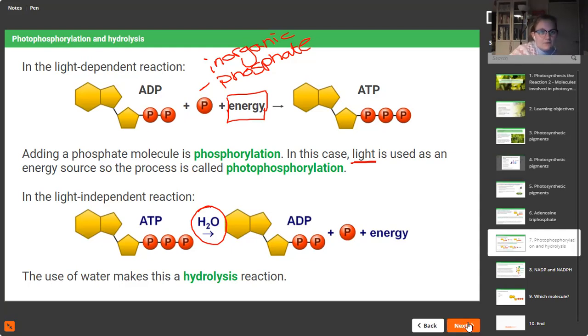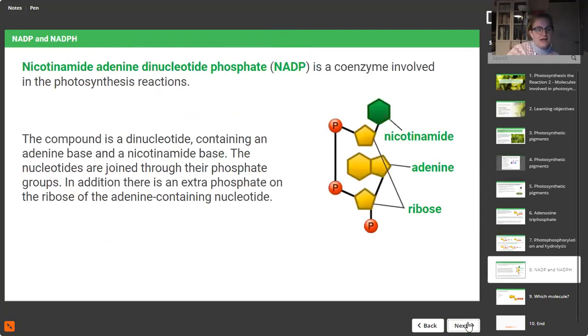Another thing that we use in photosynthesis is a new molecule that we probably haven't spoken about before. You'll normally just see the shorthand of the letters, which is NADP. NADP stands for nicotinamide adenine dinucleotide phosphate.